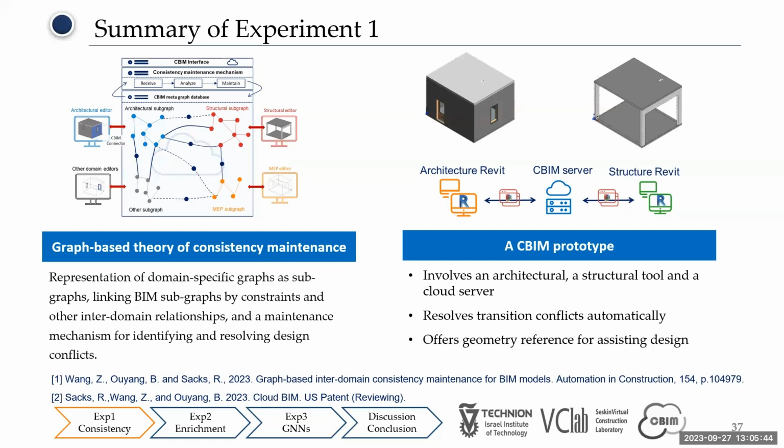And we also propose some CBIM constraint relationships and the maintenance mechanism. Additionally, we developed a CBIM prototype. It involves two software and the local server, and it can resolve the transaction change automatically and provides geometry reference for other types of changes.